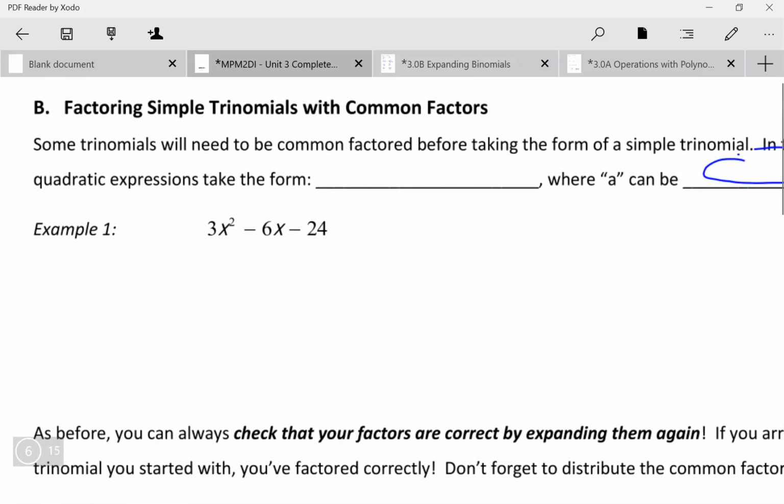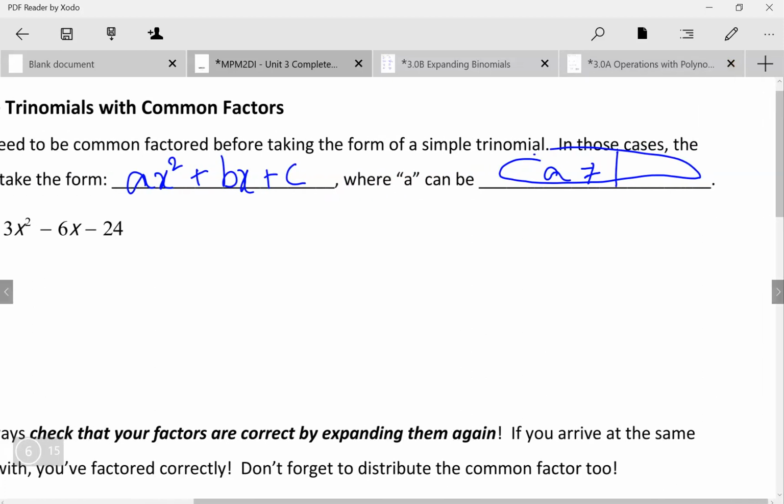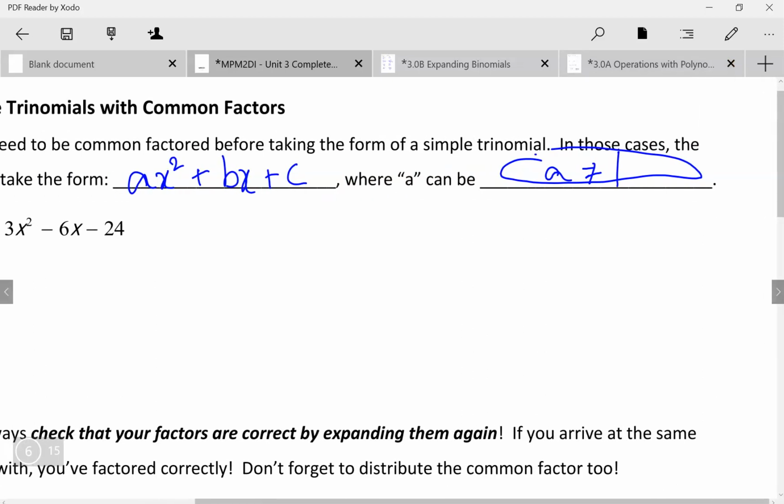But regardless of what those answers are, the idea here is, okay, sorry. Well, the form of the expression, the trinomial, is the same, ax squared plus bx plus c, where a can be not equal to 1. But again, this is usually how tricky trinomials are. That's like the definition of a tricky trinomial, but this is actually not a tricky trinomial because a is not equal to 1, but a can also be common factored.